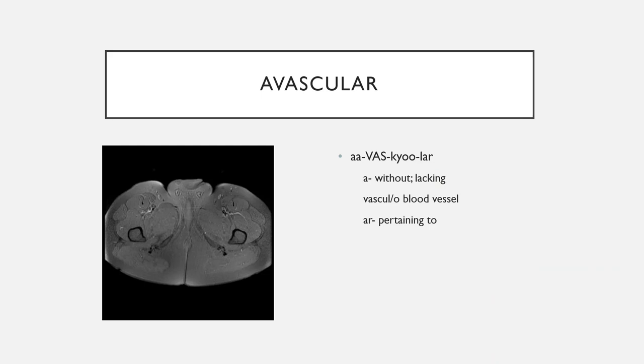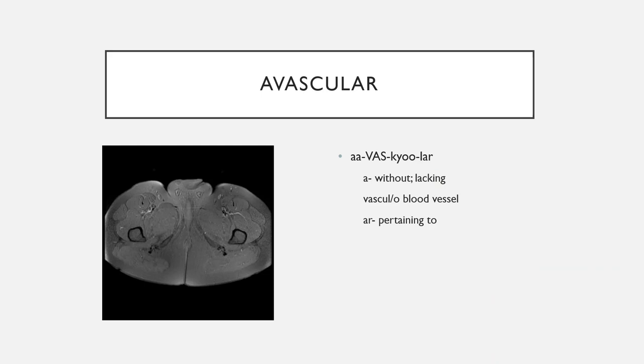So the definition, the literal would be without blood vessels, but it's an absence of blood supply. So if you have a bone that has an area that is avascular, it means that the blood supply has been cut off to that portion of the bone.